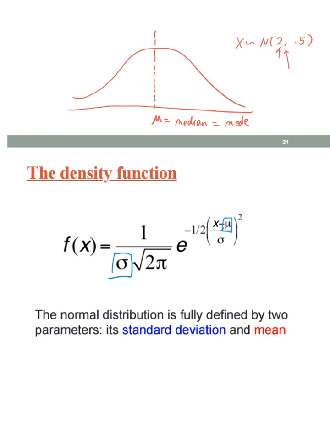And the mean is the axis of symmetry. So the area under the curve for this part is equal to the area for the green shaded part. They both equal 50%. So for this part, I have 50% of observations less than the mean, and for this part, I have 50% of observations bigger than the mean.